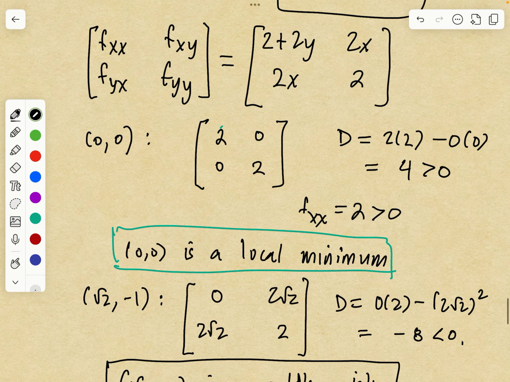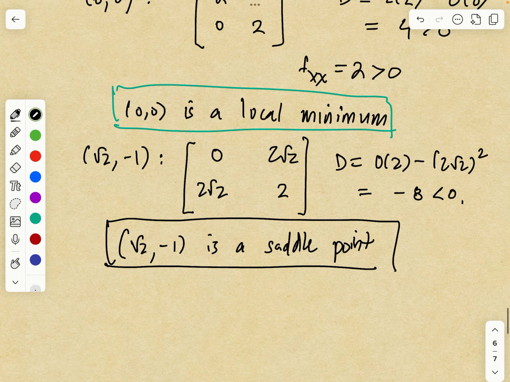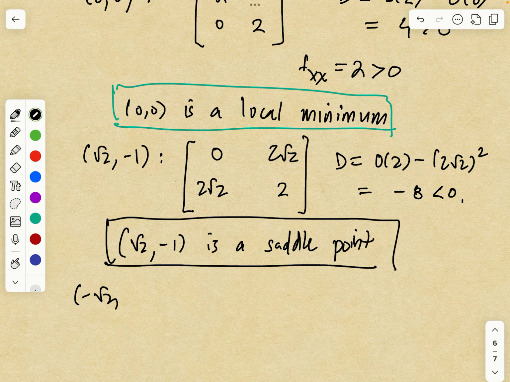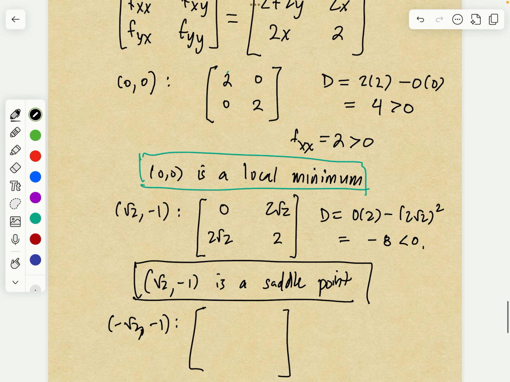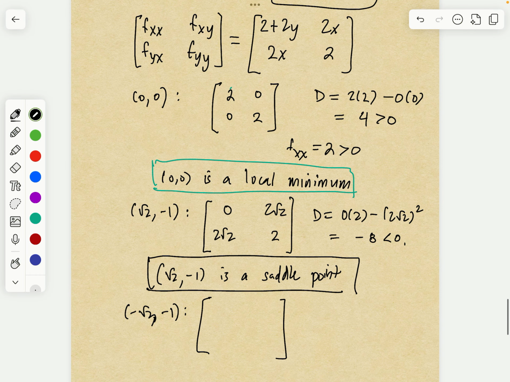And one more, (negative root 2, negative 1). Let's figure out what I get when I plug these values in. I get 0 here, negative 2 root 2 here, negative 2 root 2 here, and 2 here.